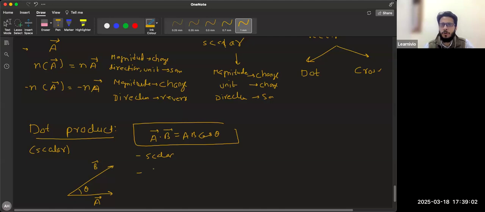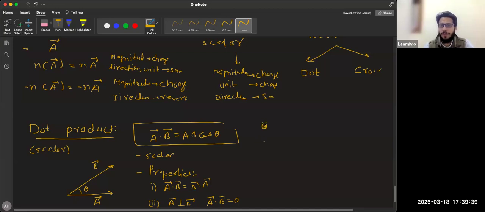Next, we have some properties of the dot product. The first property is it's commutative: A dot B is equal to B dot A. Just like normal multiplication, it commutes. Second property is if A is perpendicular to B, then the dot product of the vectors is 0, because the angle is 90 degrees and cos 90 is 0.